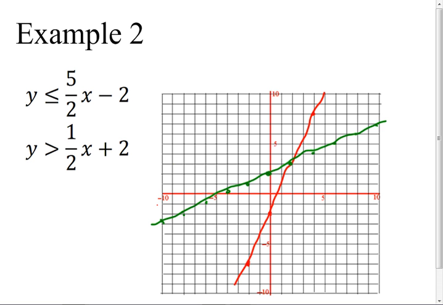Now, which is which? This is y is greater than 1/2 x plus 2. That should be dotted, so let's fix that. Oh, this is too big. See, it's not fair, is it? Not so easy to draw a straight line, by the way.